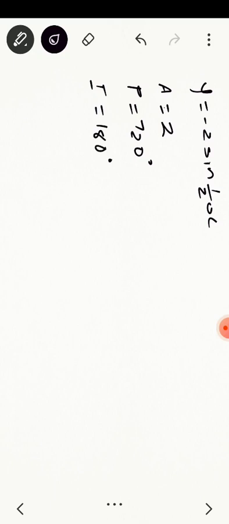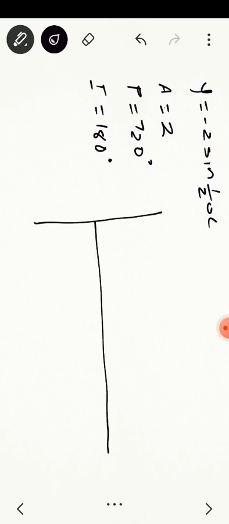So when we sketch our function, we're going to have our amplitude as 2, then we're going to have a -2, then we have the interval of 180 degrees: plus 180, that's 360, plus 180, that's 540, plus 180, that's 720.